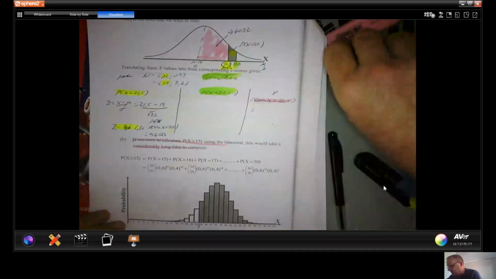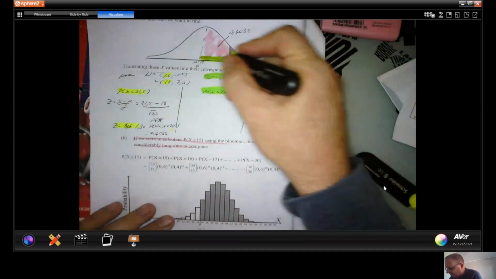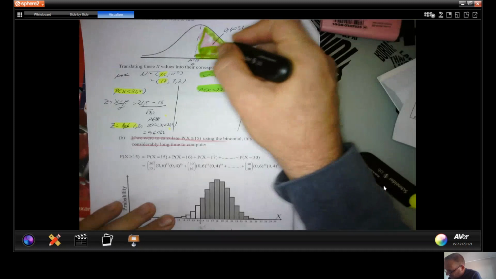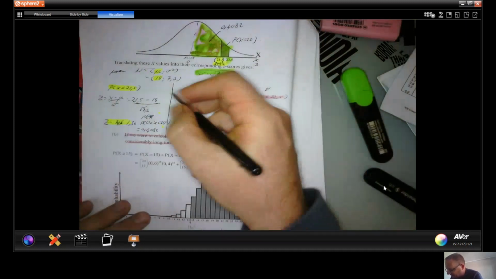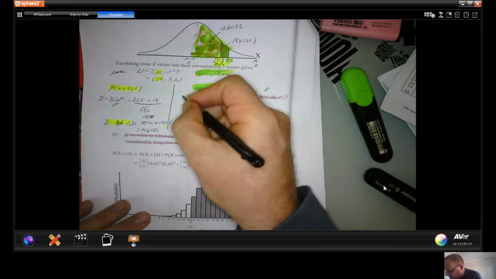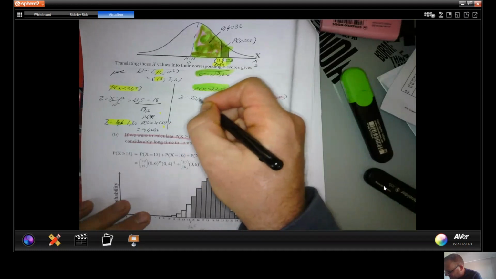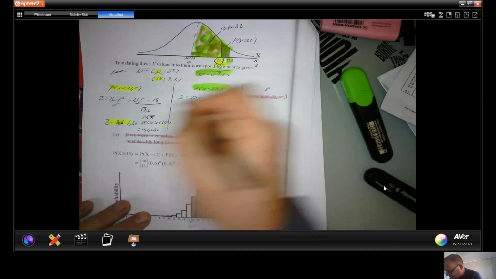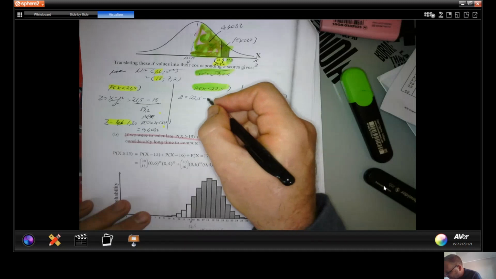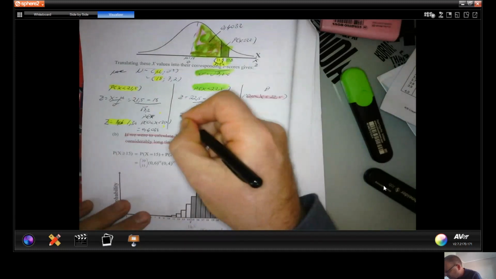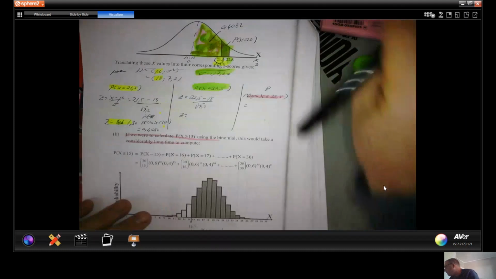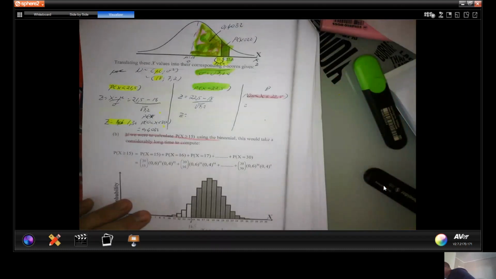Now I've got to work out this whole green area. And to work out the green area, I'm going to have to first of all get the z score, which will be 22,5 minus mu, I'm just using that formula, mu is equal to 18, over the square root of 7,2, and you'll get a z score of, let me cheat quickly, 1,68.